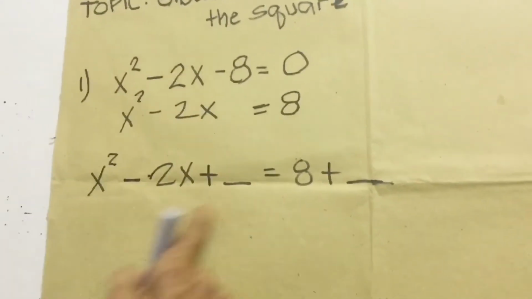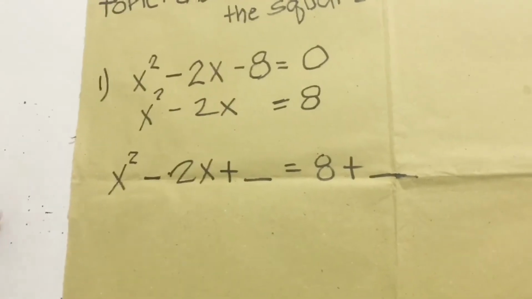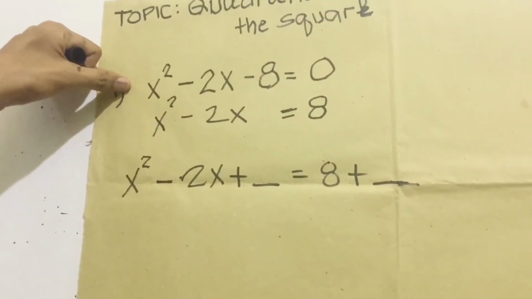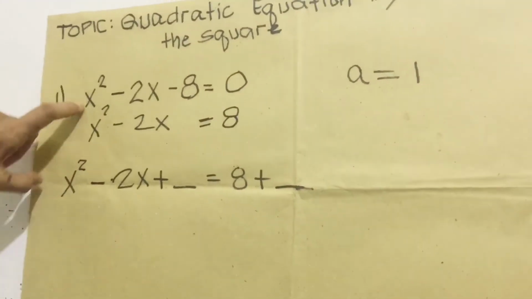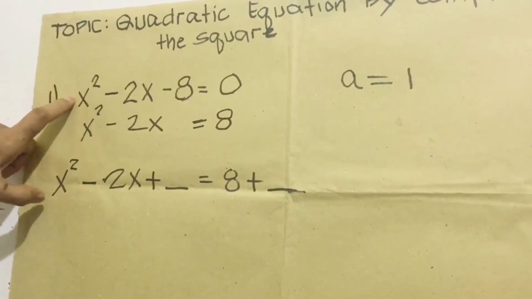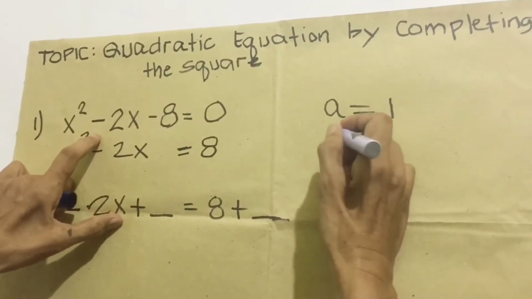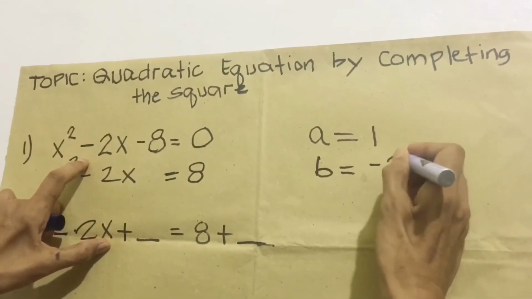To make this left side a perfect square, we're going to determine first the numerical coefficients of the given quadratic equation. Determine the numerical coefficient of this variable. We have a equals 1 and b equals negative 2.